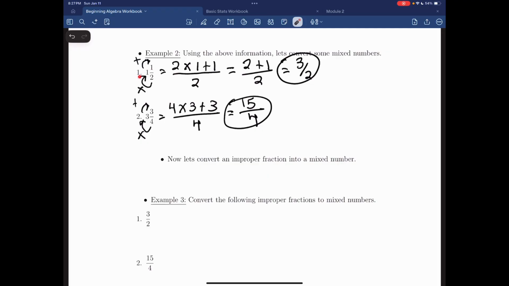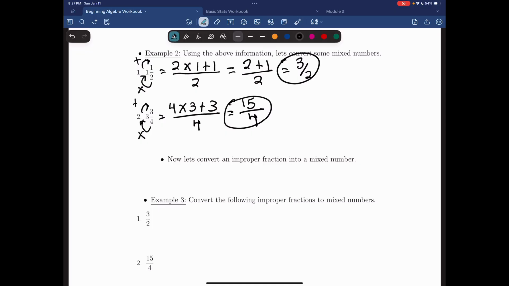Because a value is greater than 1, we can convert it into something like this, so it's visually easier to see what the value is. Looking at 15/4, it's a little bit harder to see what the value is mentally in our heads, but 3 3/4 is a lot easier to visually or mentally see what that value would be. So that's why it's important to know how to go from 15/4 to 3 3/4.